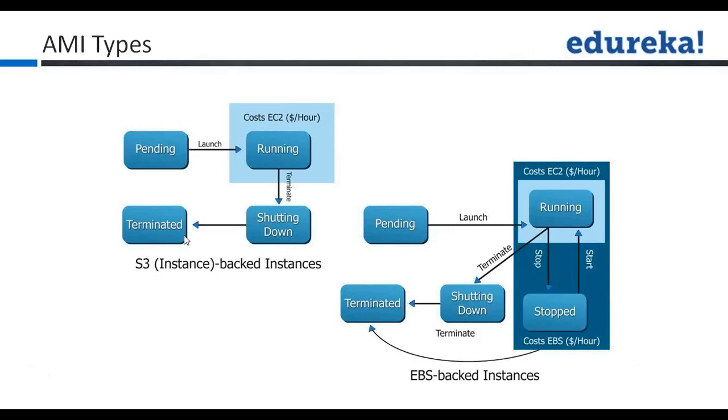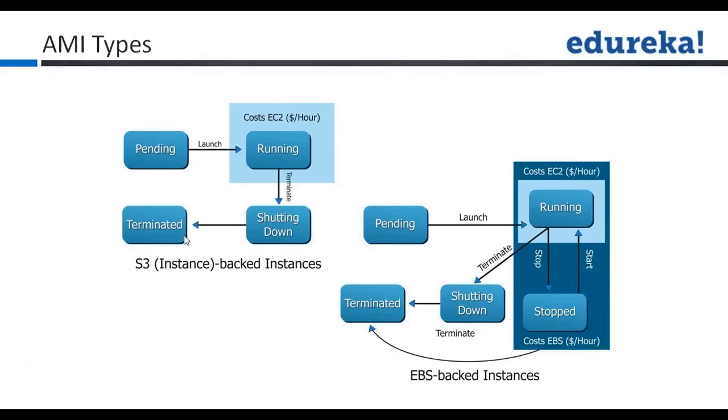So in a month, you would be saving almost $25, while you are paying only $1 additional for your EBS part. This way, using an EBS backed AMI, you can save a lot of money. And that's why we normally recommend going with the EBS backed instance. An EBS backed instance is also easy to manage, easy to create an AMI, and all that.